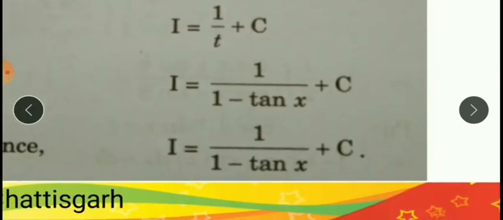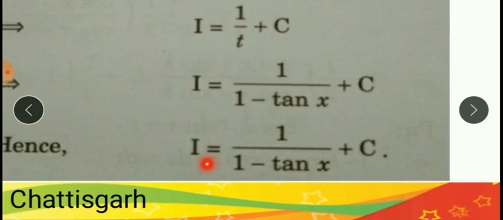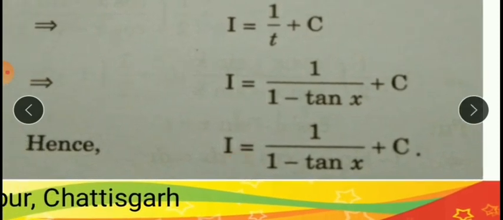Minus into minus becomes plus. That's why I is equal to t raised to minus 1, which means 1 upon t, plus c. Substitute the value of t. I is equal to 1 upon t, which means 1 upon 1 minus tan x, plus c. I is equal to 1 upon 1 minus tan x plus c is the required integration.